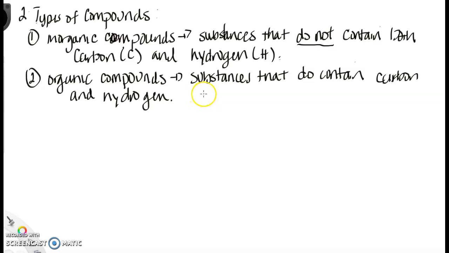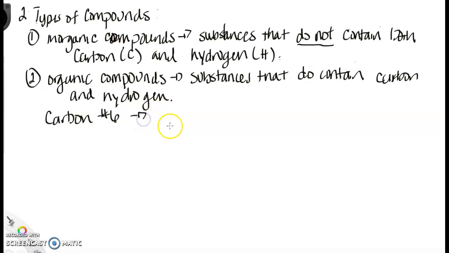Carbon is the element of life, okay, and pretty much everything is built out of carbon. So carbon is number 6 on the periodic table.